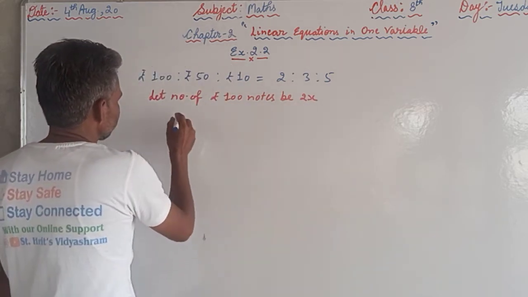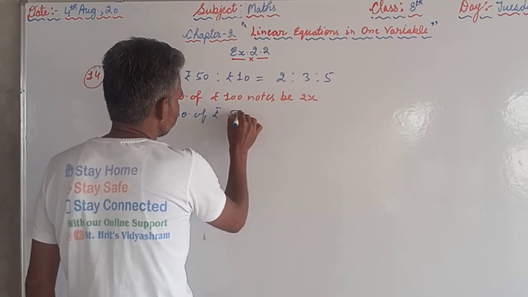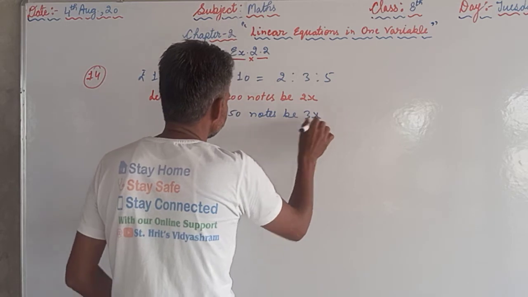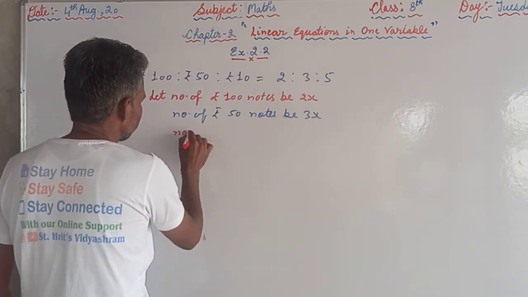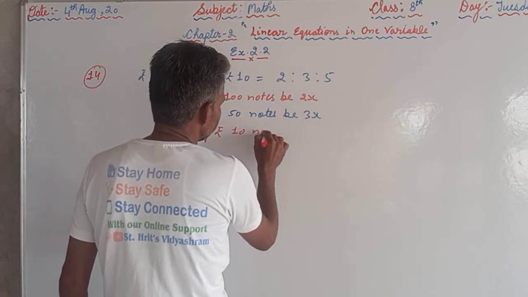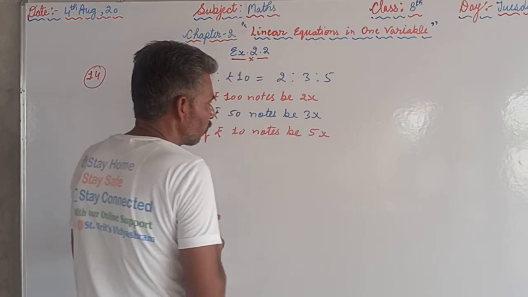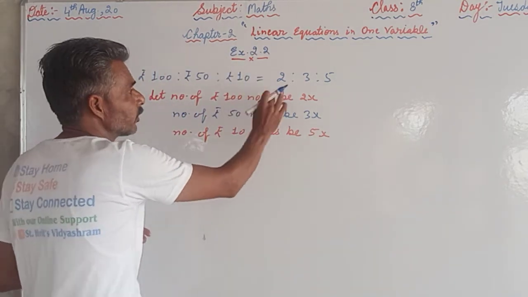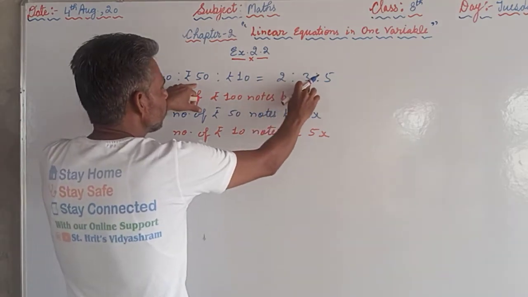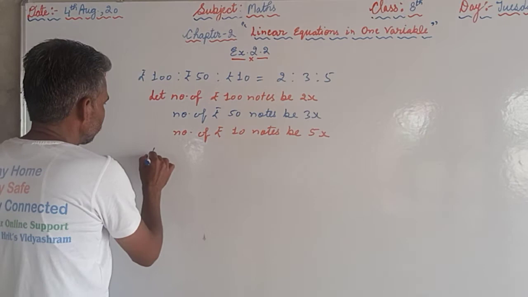At the same time, number of rupees 50 notes be 3x, and number of rupees 10 notes be 5x. How we have taken? According to the ratio given, 2:3:5. 2 for 100 rupees, 3 for 50 rupees and 5 for 10 rupees notes. The ratio is given.